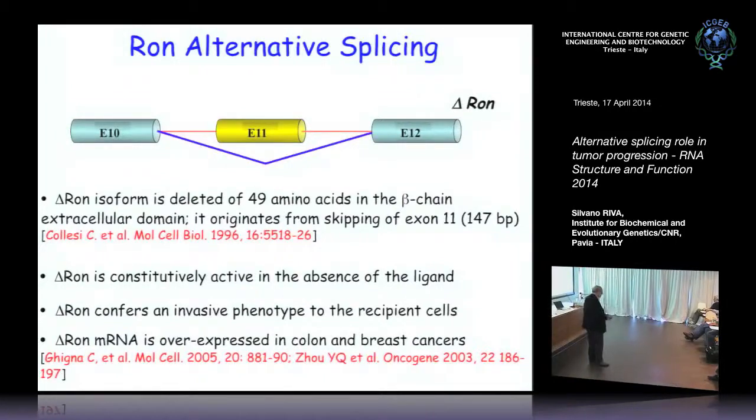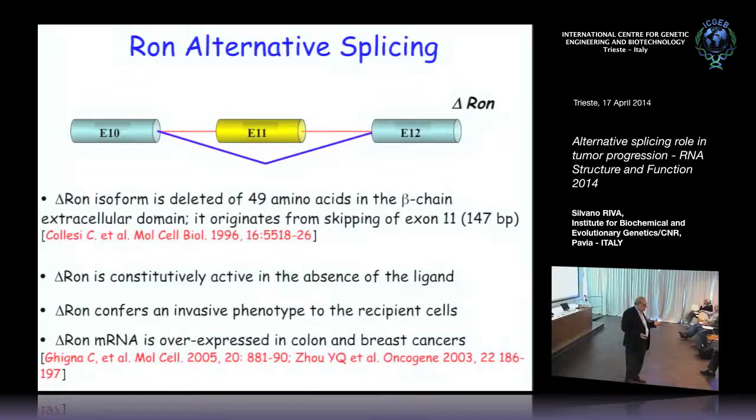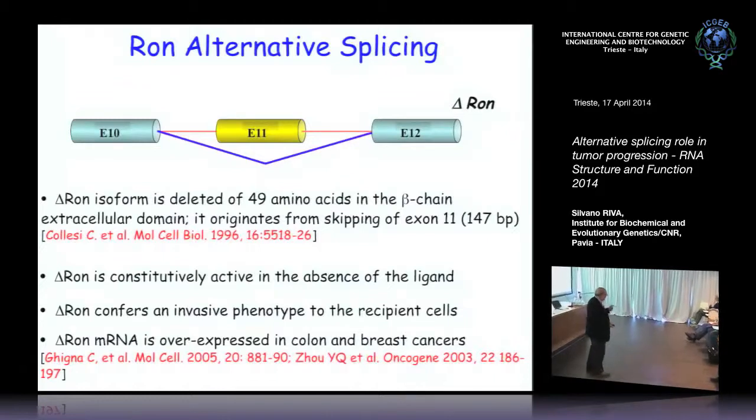How do you know that? Well, we know because many years ago, our colleagues in Turin, at the Institute of Cancer Research in Turin, told us, look, we have many cases of colon and breast cancers in which, strangely enough, this isoform with the deletion of only this tiny exon is overexpressed enormously, please go do something and tell us what's going on.